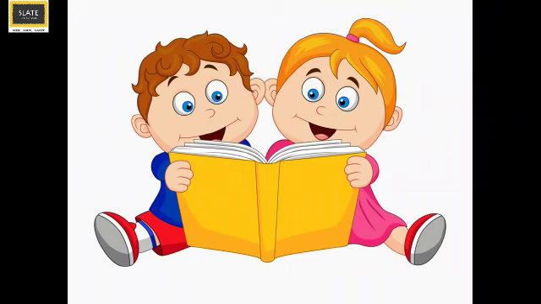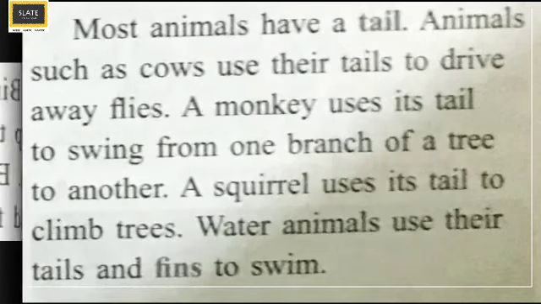Let's continue reading from the textbook. Birds and insects have wings that help them to fly. Birds have beaks too. Beaks help them to catch and hold food. Most animals have a tail.